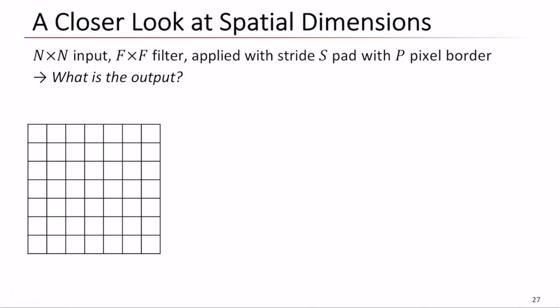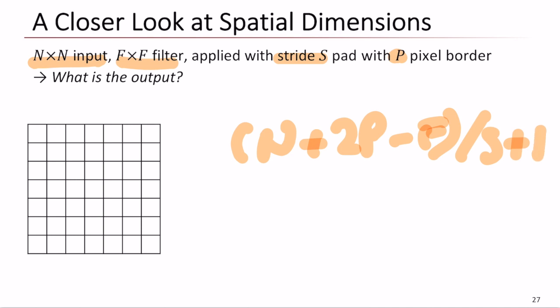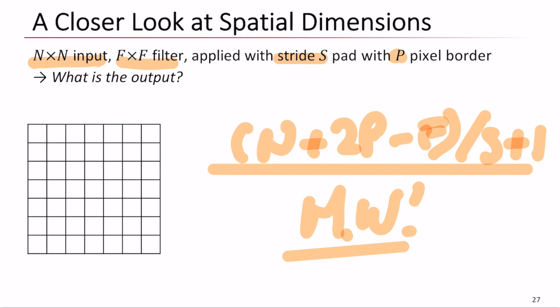Anyway, in this case, for an n by n input and an f by f filter applied with stride s, padded with p pixels, the output is going to be (n plus 2p minus f) over s, plus 1. Please don't ask me why. Do it yourself. It's a very intuitive way. Just a hint: this is the n, and padding means here is p and here is p.